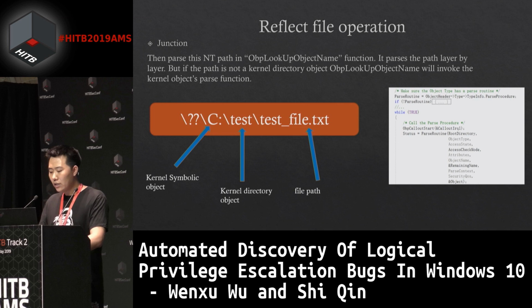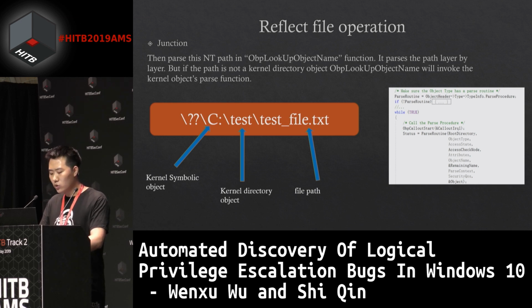In the kernel object manager, ObpLookupObjectName is responsible for finding a named kernel object in the kernel object directory. The object directory is composed of directory objects, but if the current path is not a directory object, the ObpLookupObjectName function will call the parse function of this object type. In this figure, C: is a kernel symbolic link object.